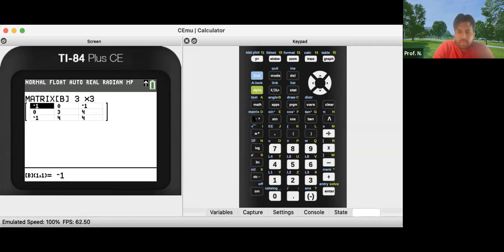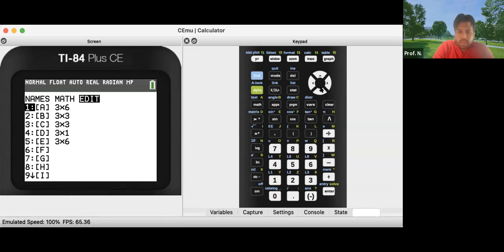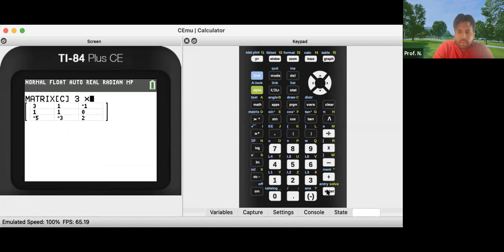So I need one more matrix. It's gonna be a column vector. Call that C, 3 by 1. It's gonna be 1, 4, 3.